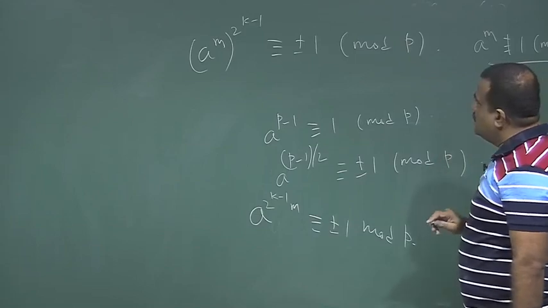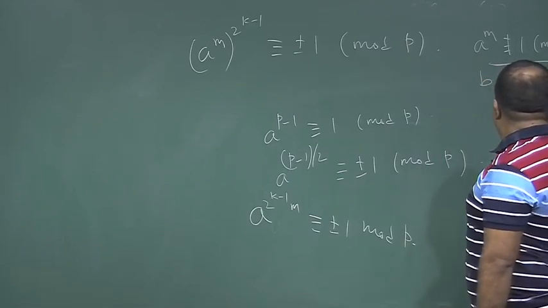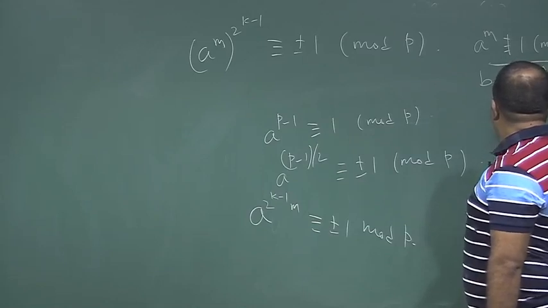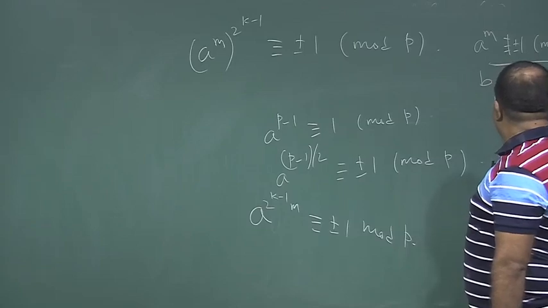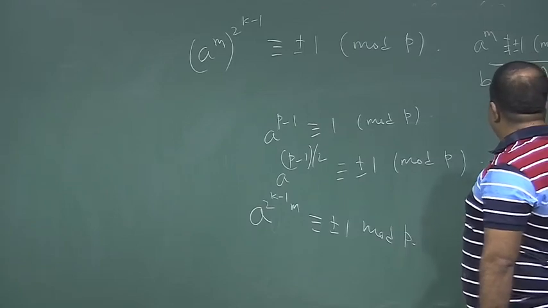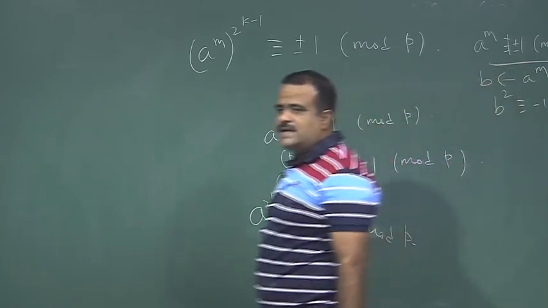If it is not, then we check. If we take b as a to the power m, then we check whether it is plus or minus 1. Then we check the square of it, whether b squared is congruent to minus 1 mod p or not, like this. So, this condition must be satisfied.